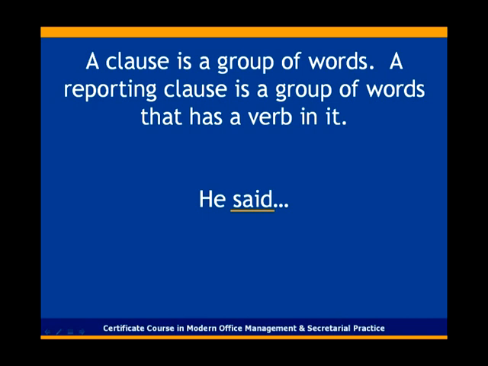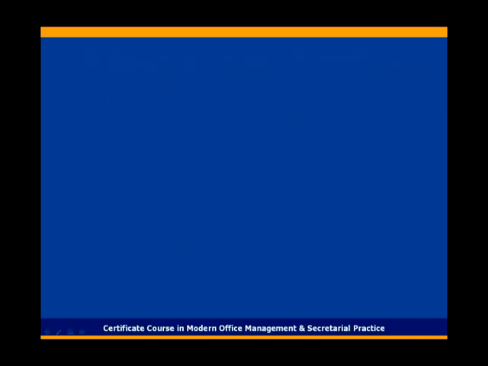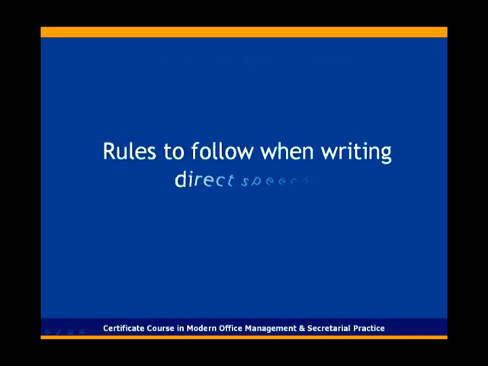She asked. Here, asked is the verb in this clause. Now that we can identify the reporting clause, let us look at some rules we need to follow when writing direct speech.